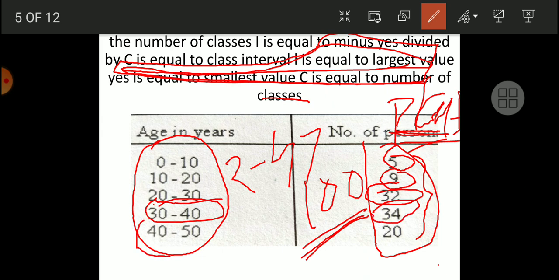And 40 to 50, that is 40 to 47, has 20, and the total is 100. This is how the class intervals have been made, and this is the number of plants.